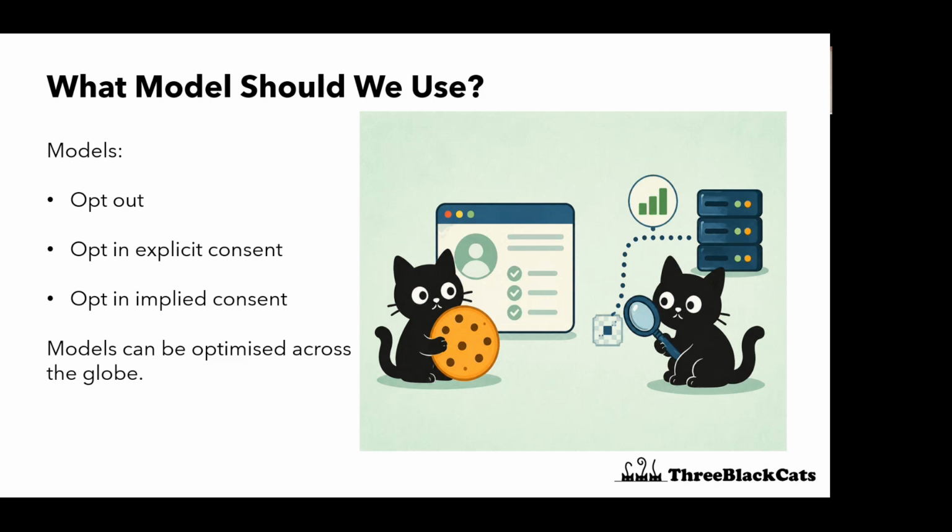So when we think about the design of our cookie banner, if we think about ourselves as a global organization, we could have one cookie banner model, should we say, for the world. Unfortunately, if we do work in Europe, so if our business is subject to GDPR, our cookie banner is going to be opt-in explicit consent across the world.